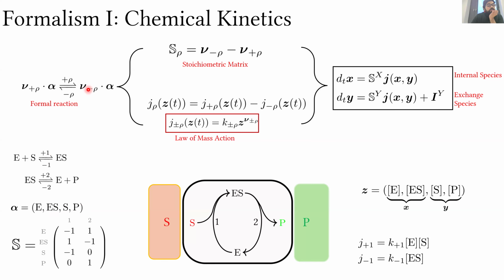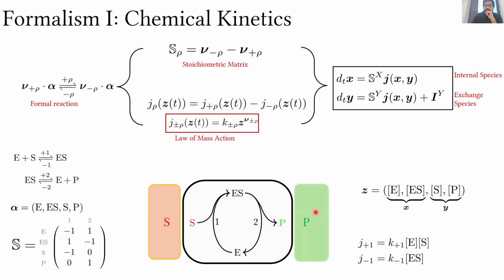The difference between nu minus rho and nu plus rho gives a column of what is called the stoichiometric matrix. The stoichiometric matrix tells you in each reaction how much of each species you're either consuming or creating. Keep in mind that every reaction is reversible, so even if I choose a forward direction arbitrarily, inverting it doesn't change any of the results. So in the first reaction, you're consuming E and S to create ES, basically.